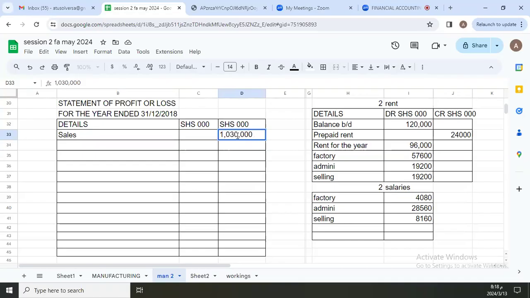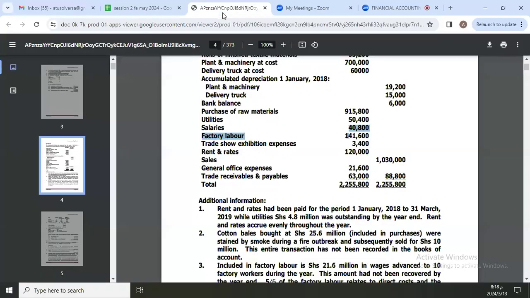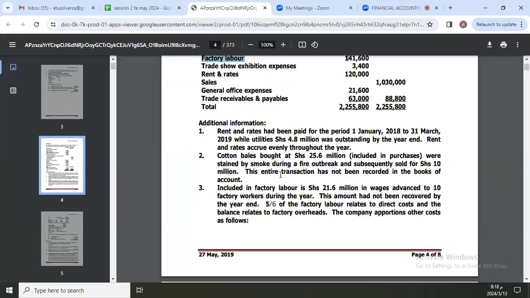Now, one can either take this 10 million we sold under damaged stock as sales, or take it under other income.